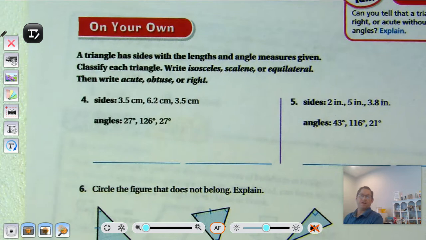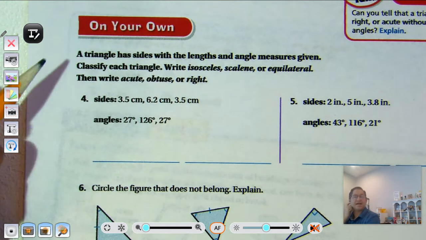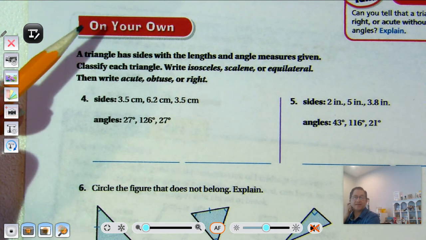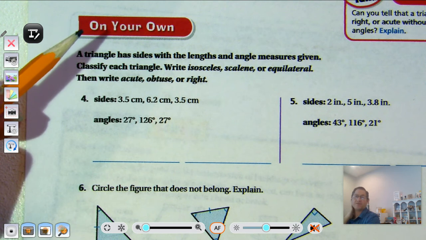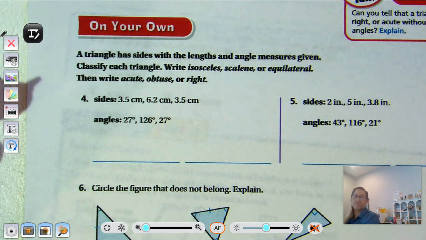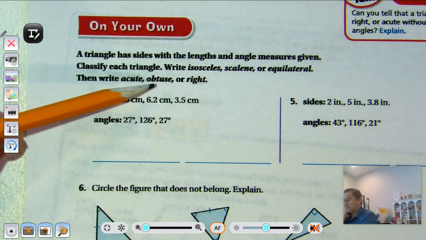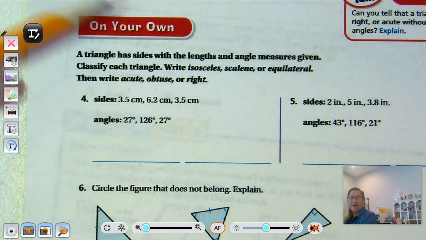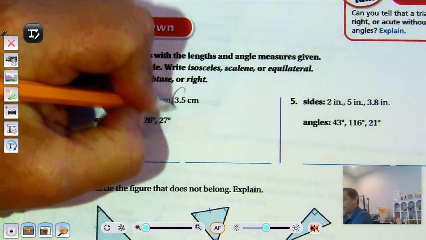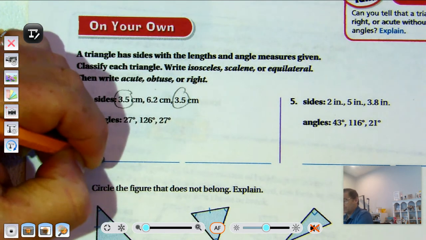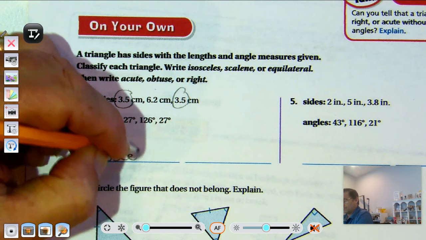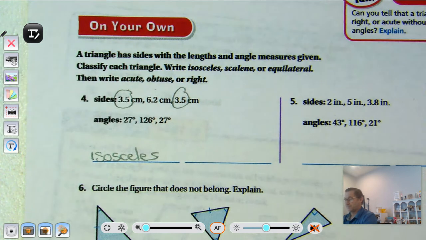Right. A triangle has sides with the lengths and angle measures given. Classify each triangle, write isosceles, scalene, or equilateral, then write obtuse, acute, or right. All right, 3.5, 6 2/10, 3.5. So we have two sides that are equal. So it's isosceles.